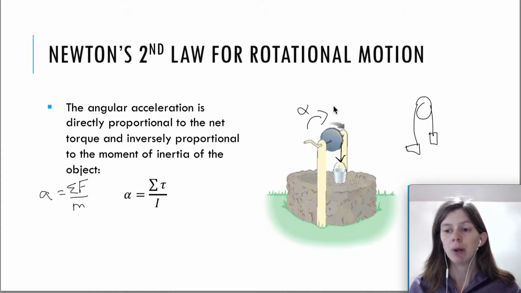If you have a very thin reel, it might rotate very quickly when the bucket pulls it down. But if you have a very thick one that's heavier, it could be that the bucket barely even causes any rotation. So what we're looking at is the effect of a torque in producing an angular acceleration.